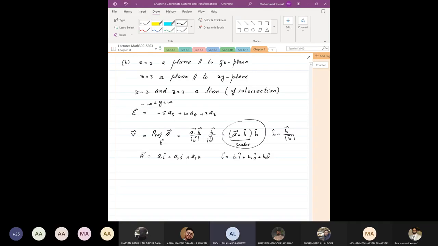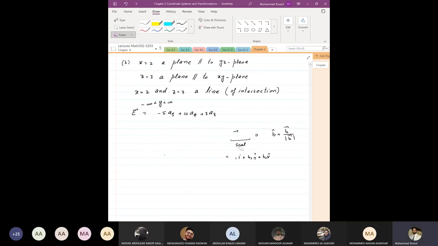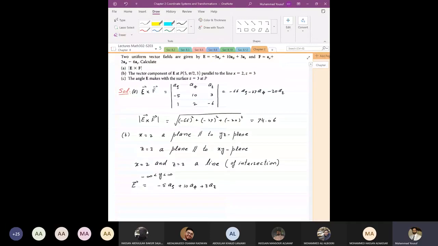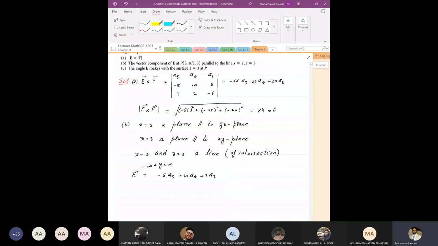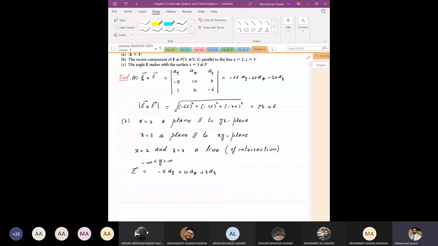Okay, I get you now. So this is from your calculus. I was just trying to remind you. What is here? Instead of i, j, k, we use different notation. And part B here, you can see that the vector component of E parallel to the line, that is, in the direction of this line.